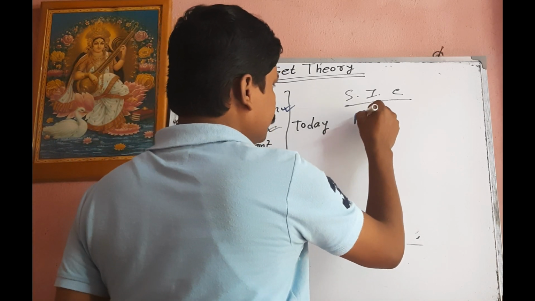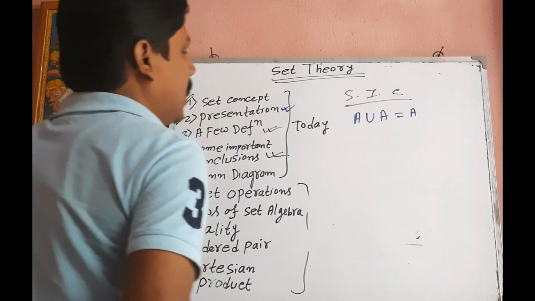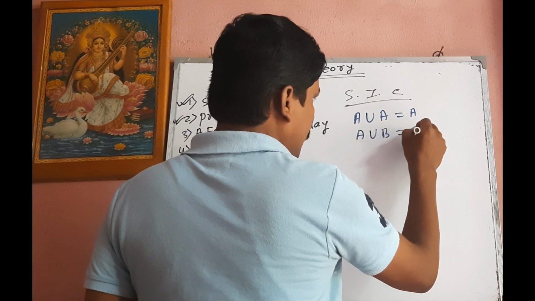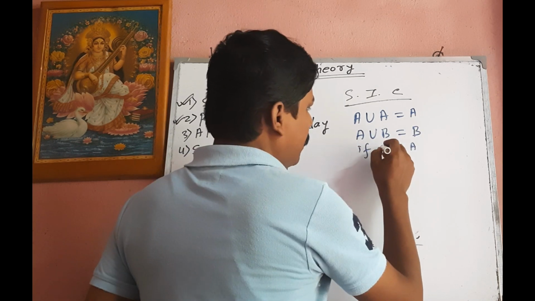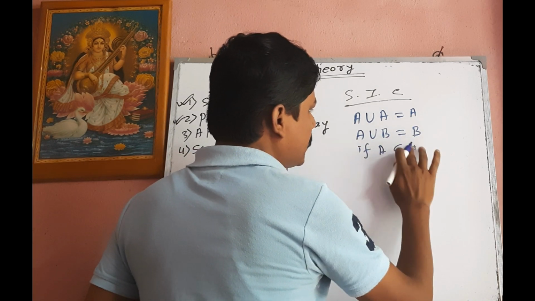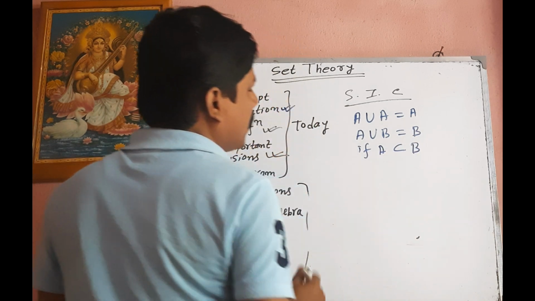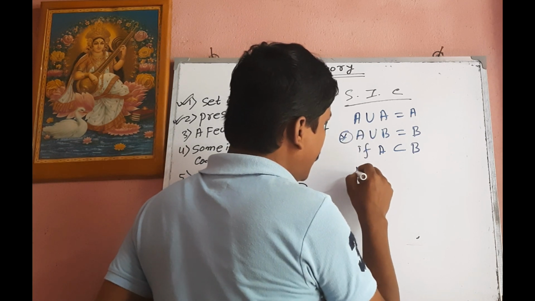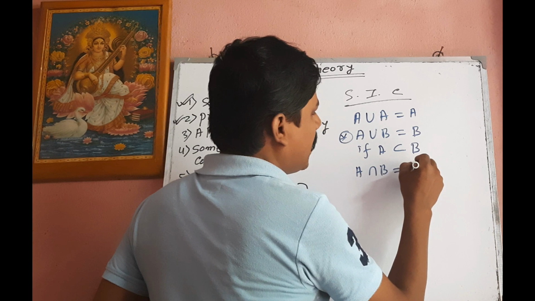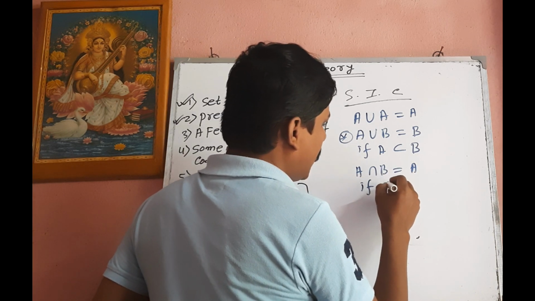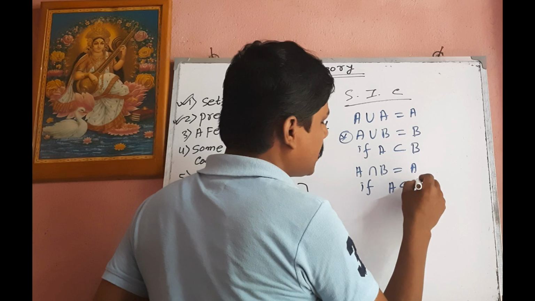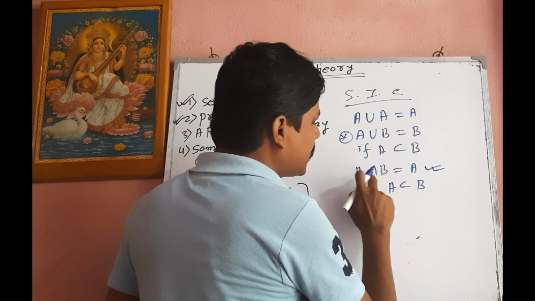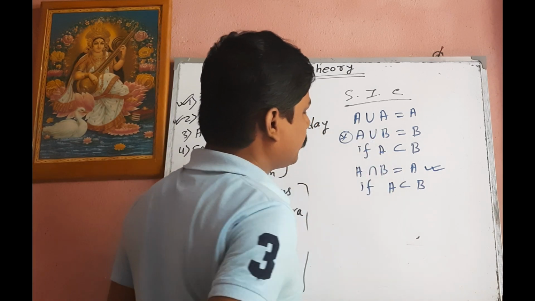When we discuss A union B, it is B if A is a subset of B. A intersection B is equal to A if A is a subset of B. This is the symbol of intersection and this is the symbol of union.